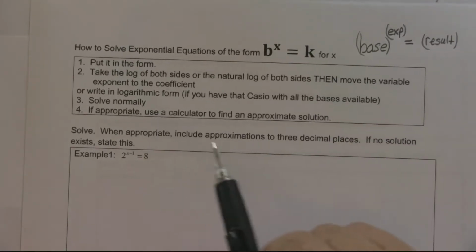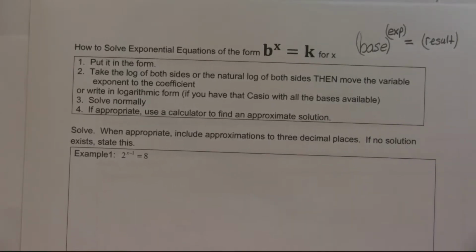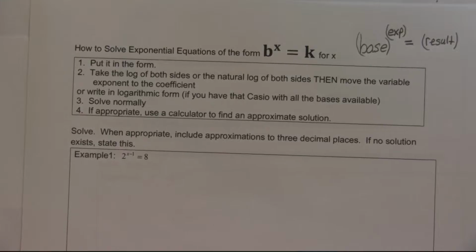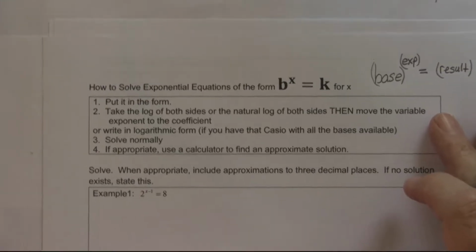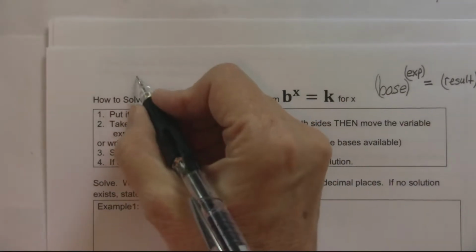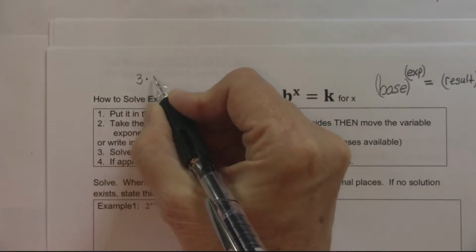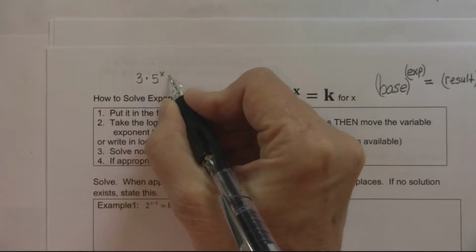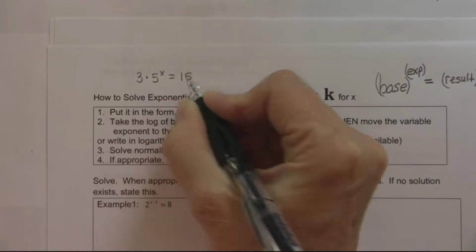Once you put it in the form, if you don't know the answer... sometimes you know the answer. There was one that you guys had on the lab, which was 3 times 5 to the x equals 15, if I'm remembering right.